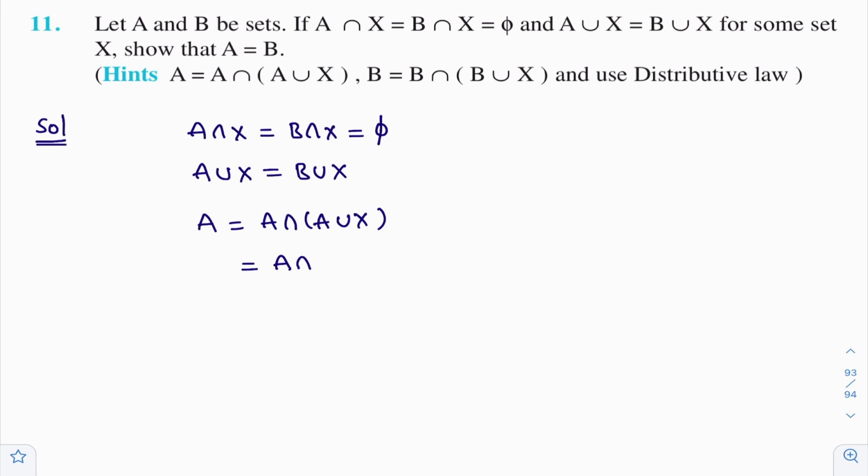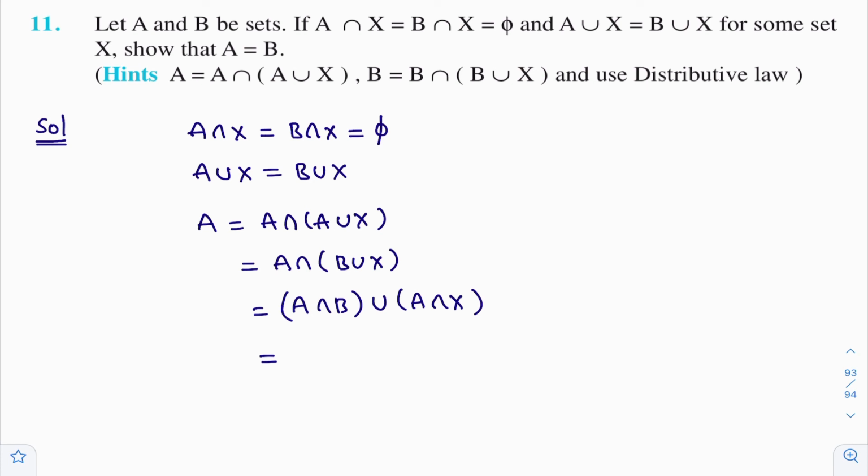In the question only they given that A union X is same as B union X. In place of A union X, I can write B union X. Correct? Okay. Now distributive law. From distributive law, this can be written like this. A intersection B union A intersection X.